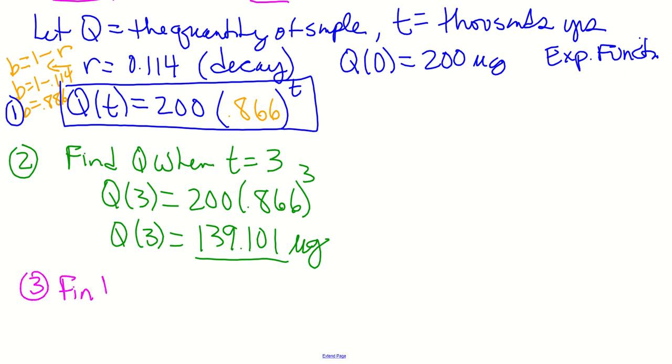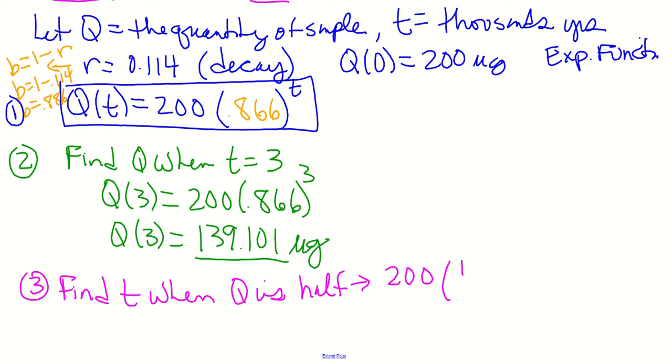Okay, the third thing I need to do is I need to find t when Q is half. Well, Q starts at 200, so if I take half of 200, I get 100 micrograms.